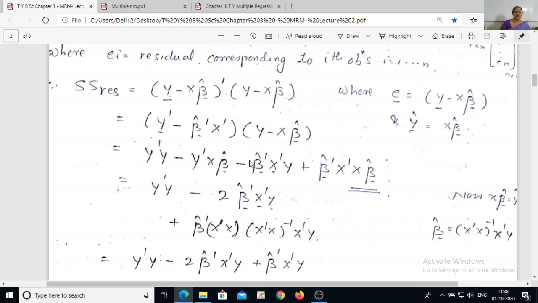Here beta cap prime has order 1 by p plus 1, x prime has order p plus 1 by n, and y has order n by 1. So these two are scalars, and you can add them to write minus 2 times beta cap prime x prime y plus beta cap prime x prime x beta cap, and this beta cap you can write as (x prime x) inverse x prime y.